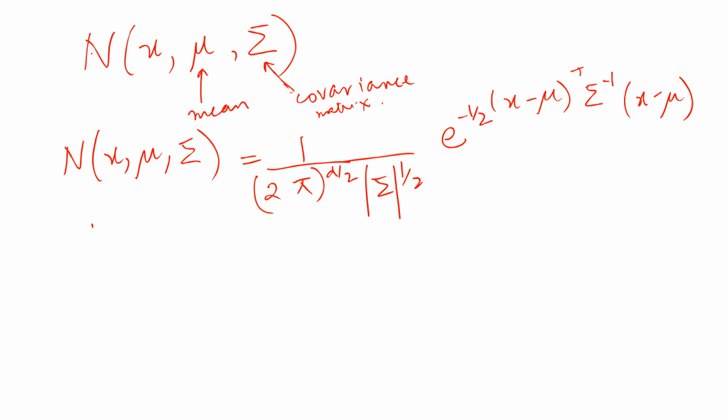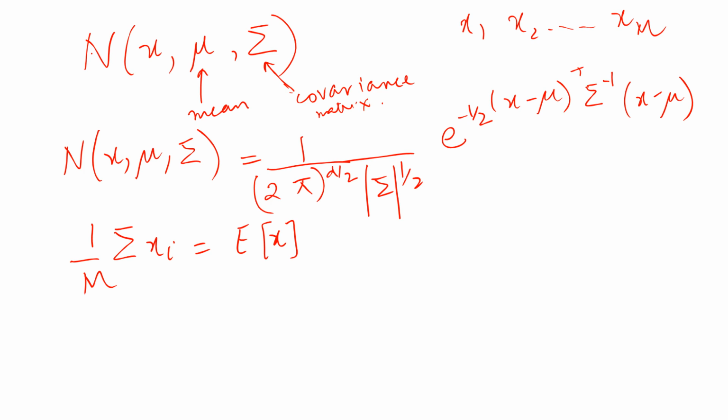More mathematically, if we have data x1, x2, and so on up to xm, and I sum this over all m, this is essentially the definition of the expectation of any x in my data, and this converges to or is equal to mu. The mu is the parameter here.